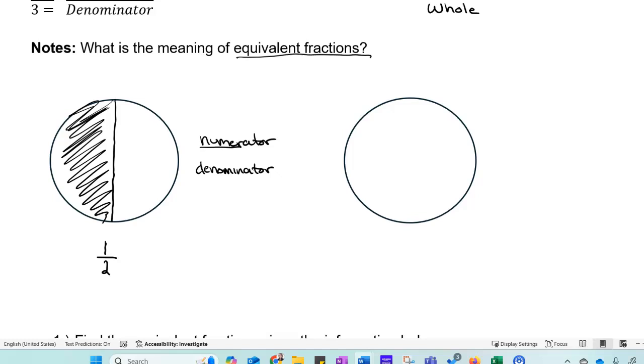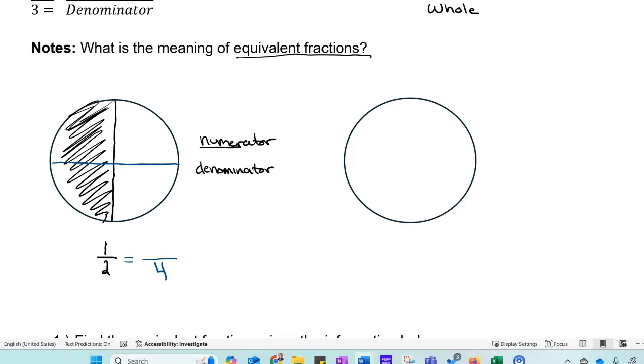So I am going to draw another line here. This one I'm doing in blue. Okay. So now I'm going to look at that pie and say, well, now there are 4 total pieces. So again, 4 would go into the denominator, right?